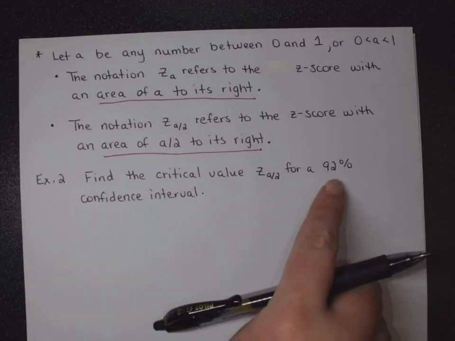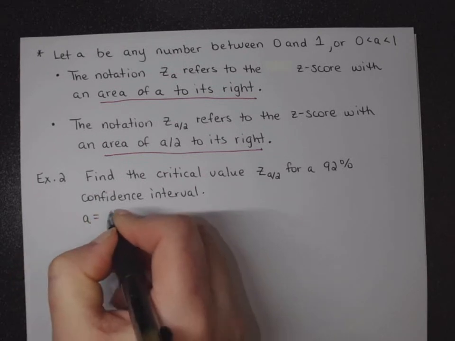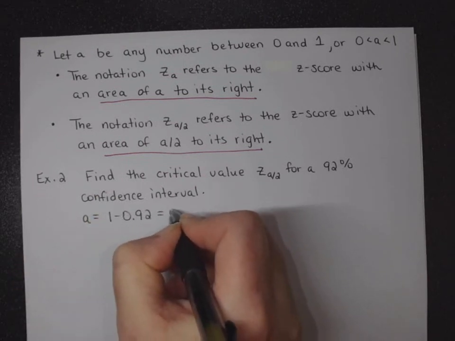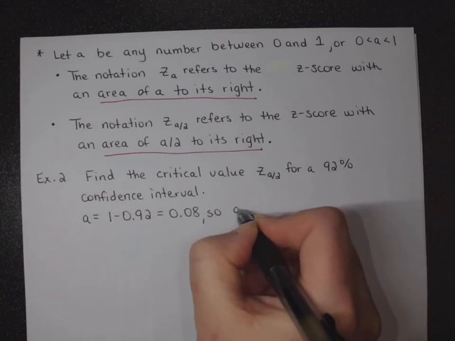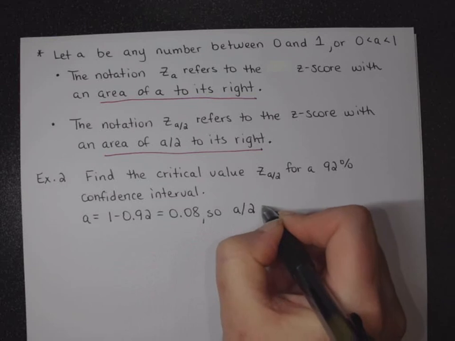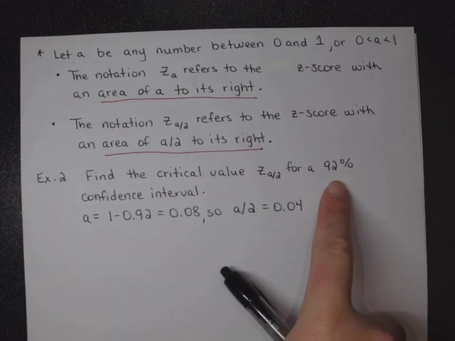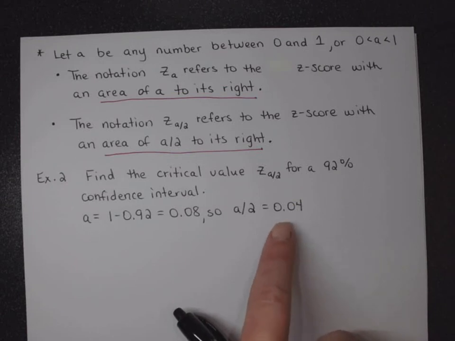Okay, so notice it's a 92% confidence interval, right? So A would be whatever 1 minus 92% would be. In other words, 0.08. So what that means is that A over 2 is going to be half of that, or 0.04. Think of it this way. You have 92% in the middle, and so what percentage would be outside of that? It would be 8%, which would be 4% on each side. Okay.